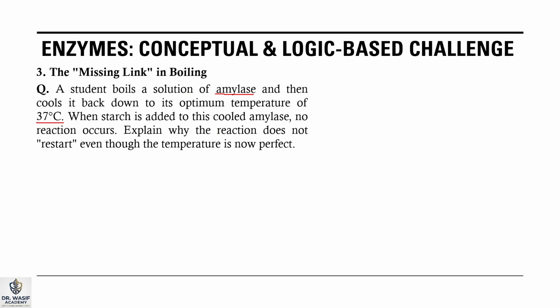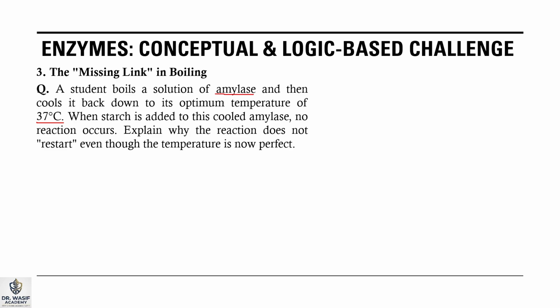It means first it was boiled, and then it was cooled down to 37 degrees Celsius. When starch is added to this cooled amylase, no reaction occurs. Okay, explain why the reaction does not restart even though the temperature is now optimum.